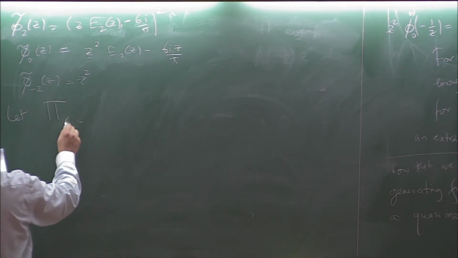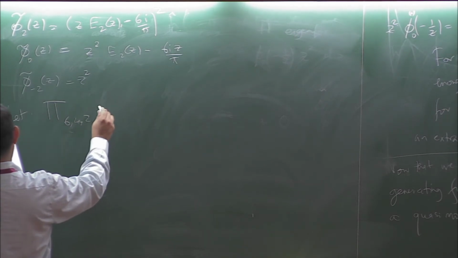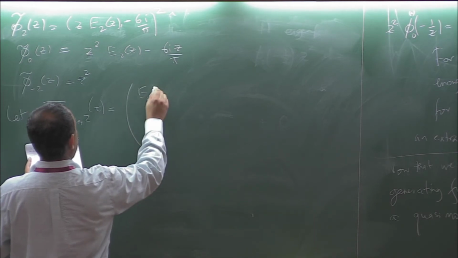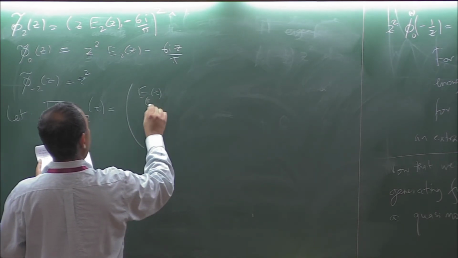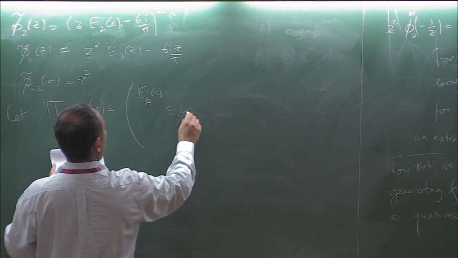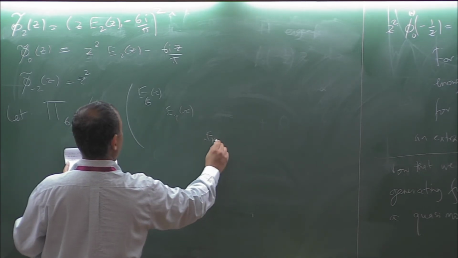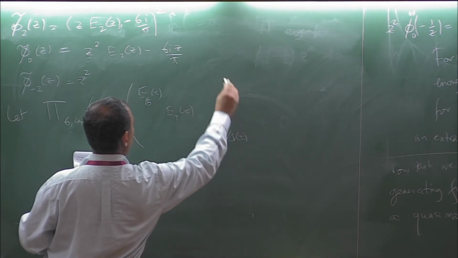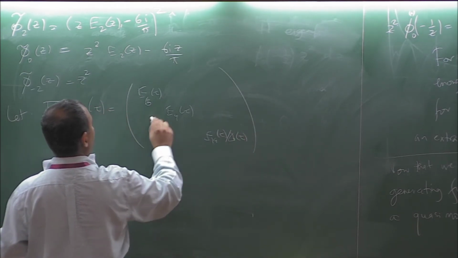Then you consider this diagonal matrix, pi 6 4 2 of tau, the diagonal matrix with entries E6 of tau, E4 of tau, E14 of tau over delta of tau, and zeros everywhere else.